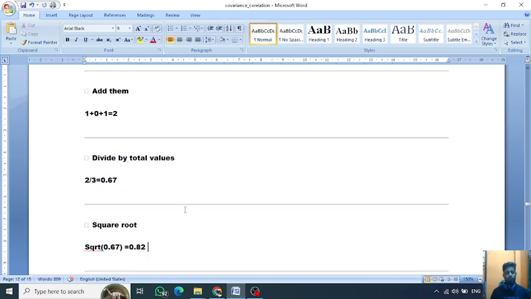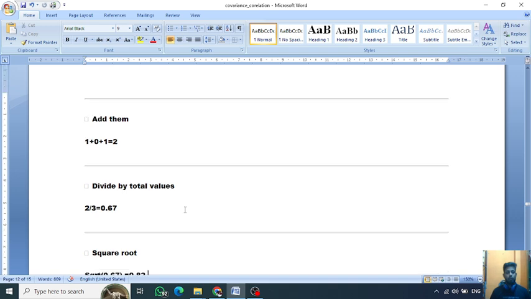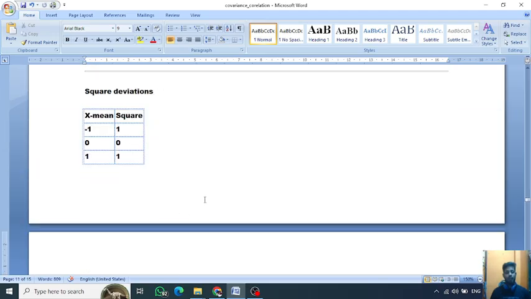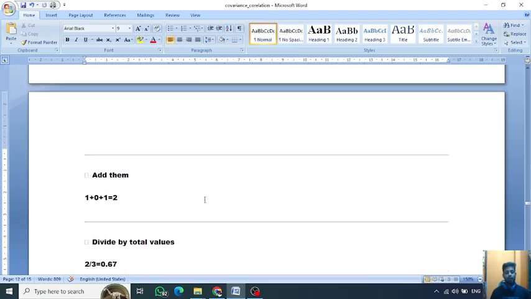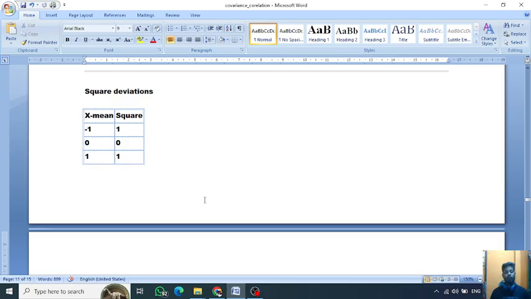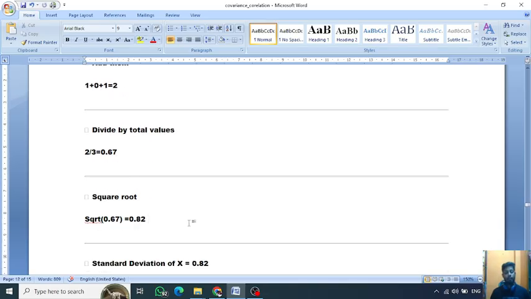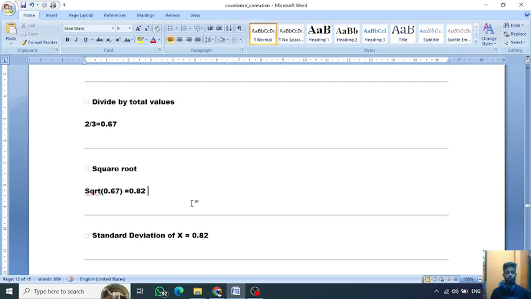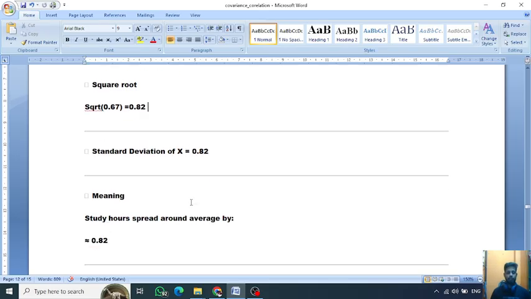So we take the average of the squared x minus mean, and then find the square root. Then the value will be the standard deviation of x.